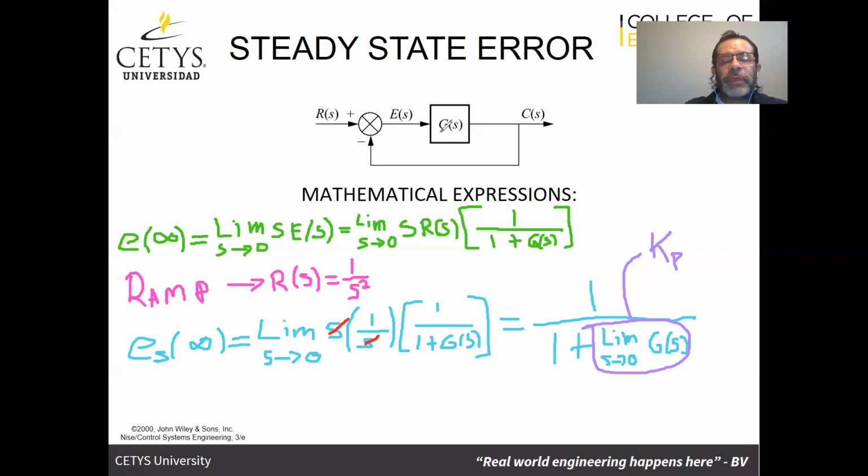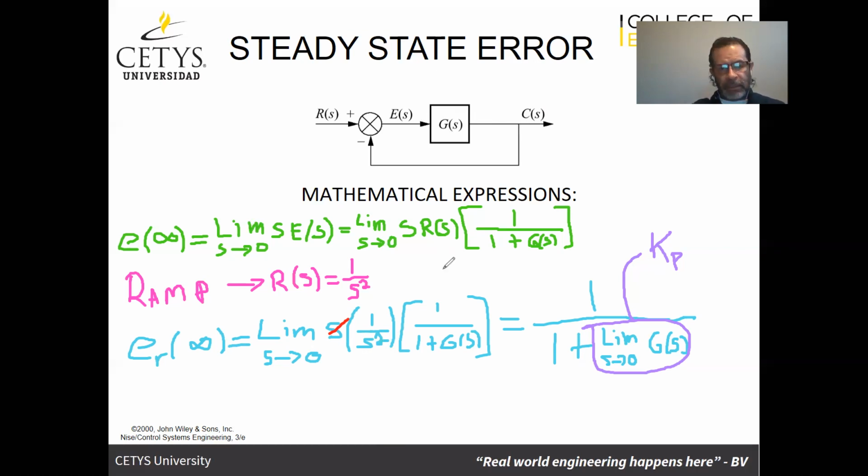And so what's going to happen now is that I'm going to have the error for a ramp, which is now going to be the limit when S tends to 0 of S multiplied, but now we're going to have an S squared here instead of an S. And so this S is going to be eliminated.